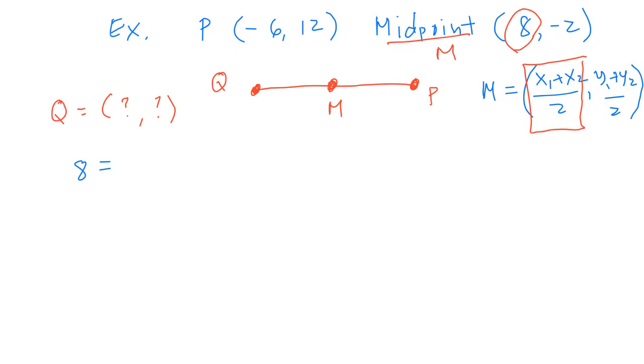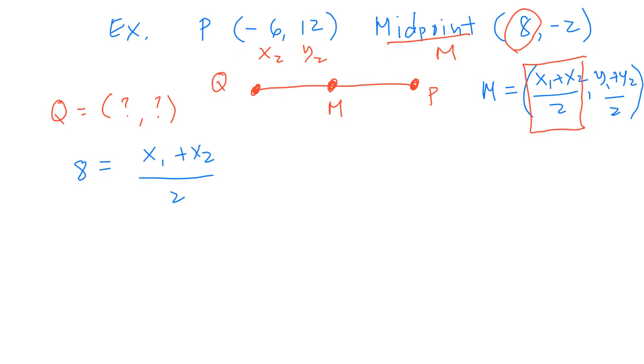So x1 plus x2 all over 2. So if I'm going to label our points here, this would be my x2, right?